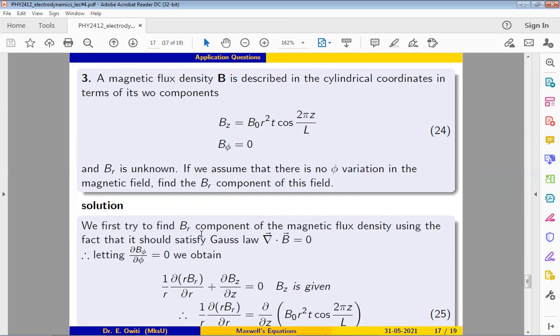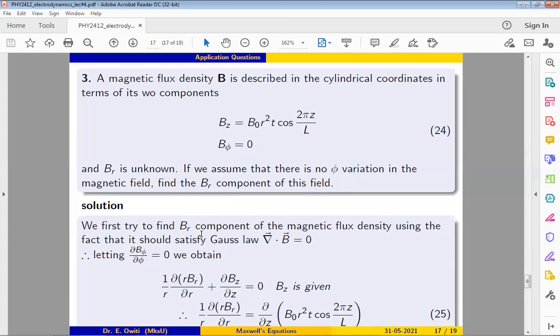So we will let the phi derivative of the phi component be equal to 0, and if that is the case, we obtain the divergence. The equation that you see there is a divergence, and we have said that the partial derivative with respect to phi is equal to 0.